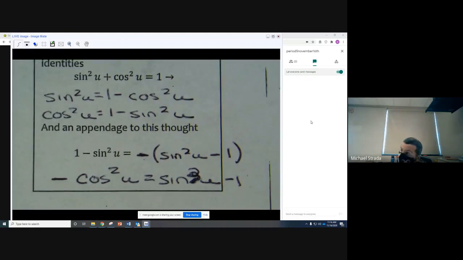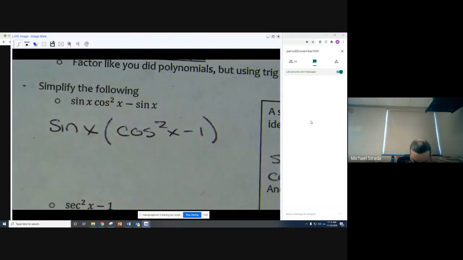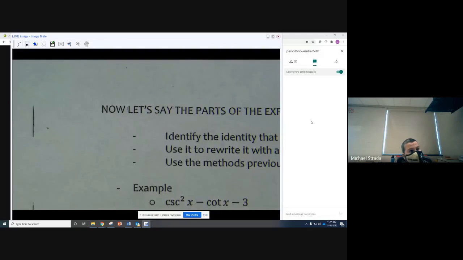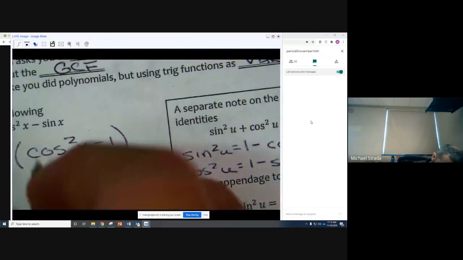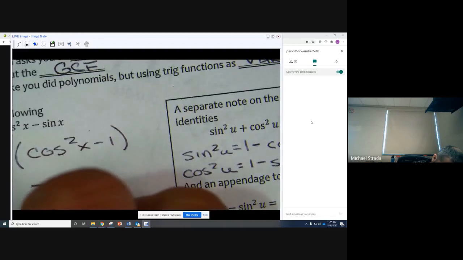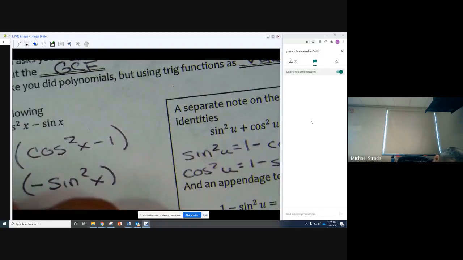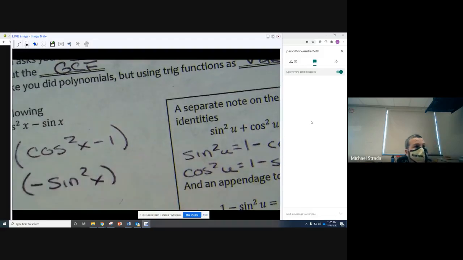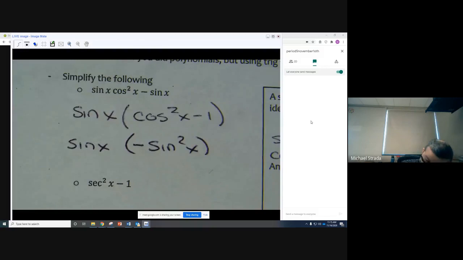Okay? So how that relates to you is this. I see in my problem cosine squared x minus 1. That's the same thing as this. But that's going to become negative sine squared x. All right? So each one of those steps shows knowledge.